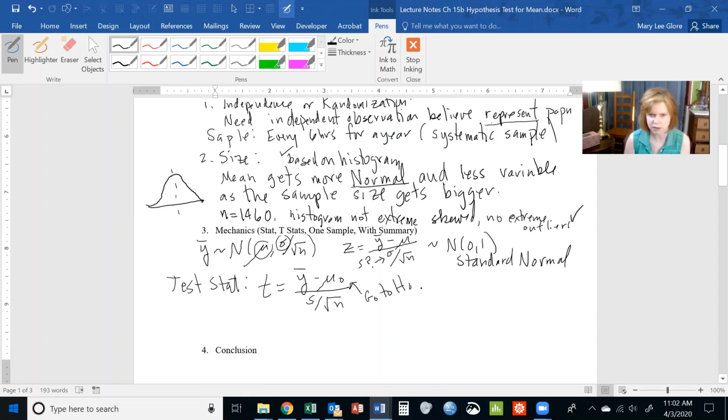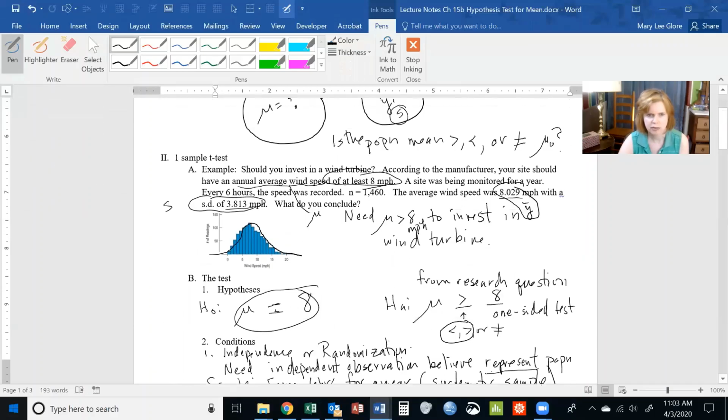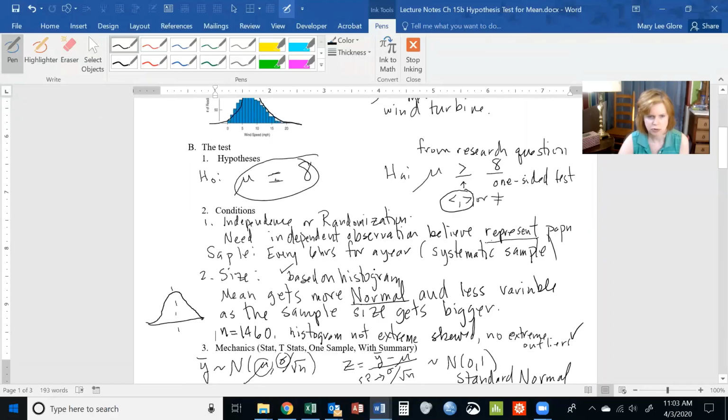So if I go back, Y bar is what actually occurred, 8.029 miles per hour. The standard deviation of all those observations was 3.813 miles per hour. And my sample size was 1,460.